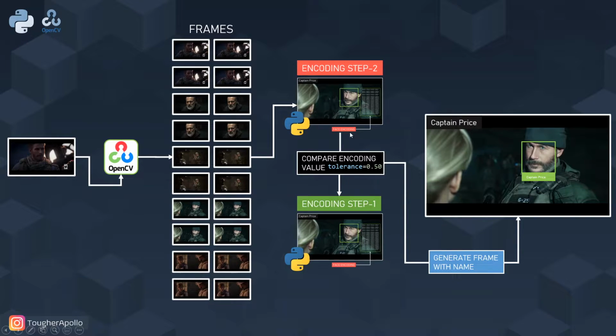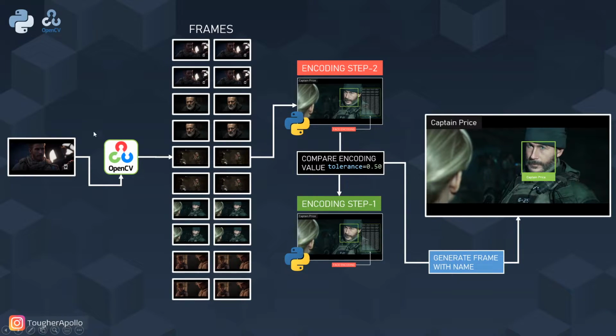So as you can see, it found a match. So what it did, it tried to portray it with a rectangle or a square with the green color that you see here, and it wrote the name. Okay. And this happens dynamically and it runs throughout the video. Every character that you add will go through the same cycle. And this will keep on repeating until there are no frames left.